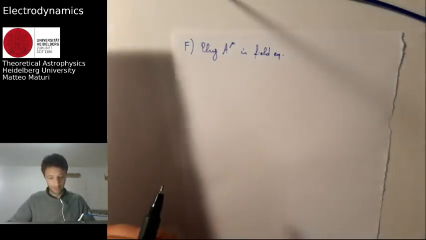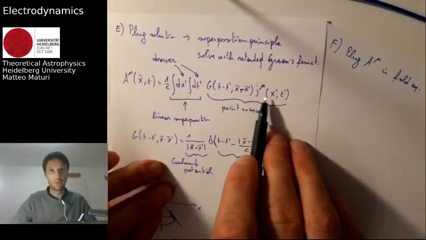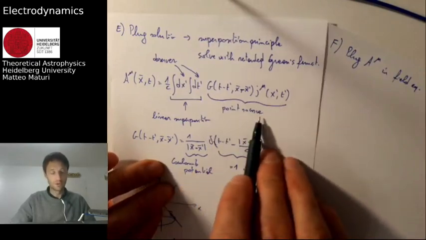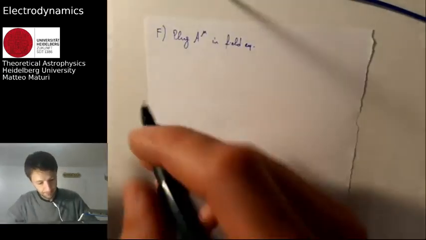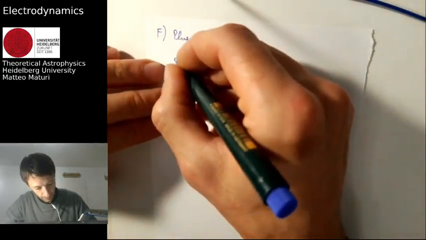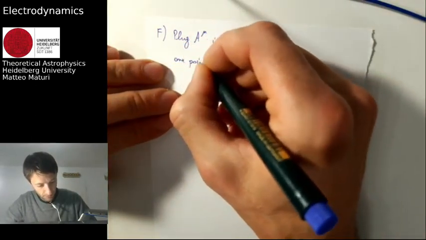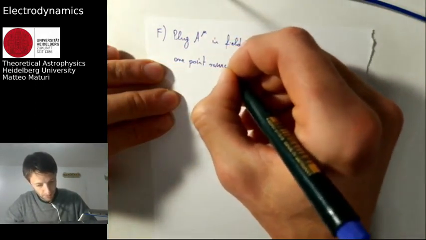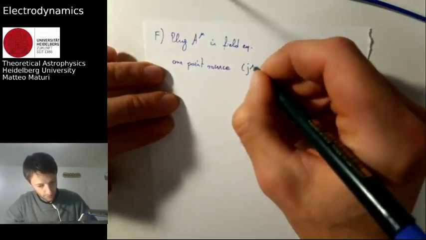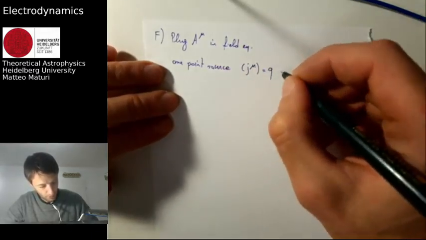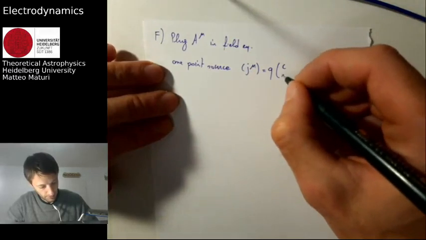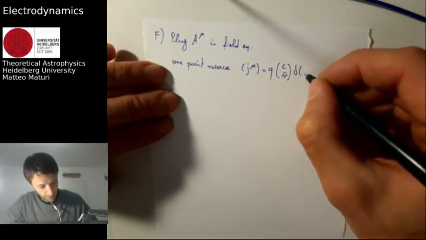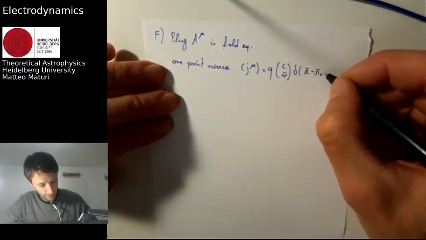characterizing a particle. So you have this J mu, a point source that we can express in this way. J mu, we have already seen that, Q c v delta of r minus r0.